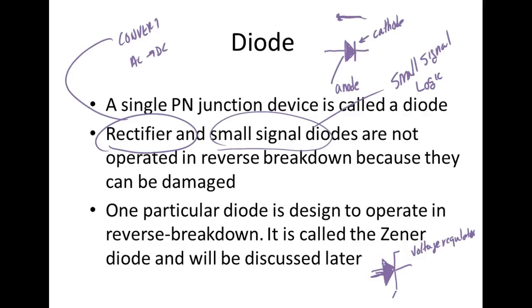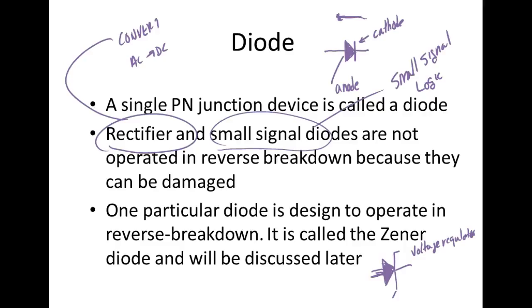And if it tries to go up, it changes the energy and makes it come back down. So regulated voltage sources appear to have zero internal resistance, and those things are dangerous. They'll burn stuff up as long as you don't exceed the limits of the regulator. So the Zener is the main device we use to have regulated power supplies.